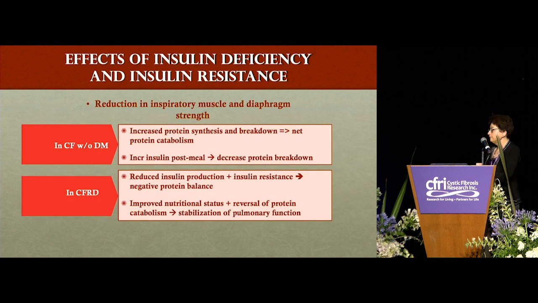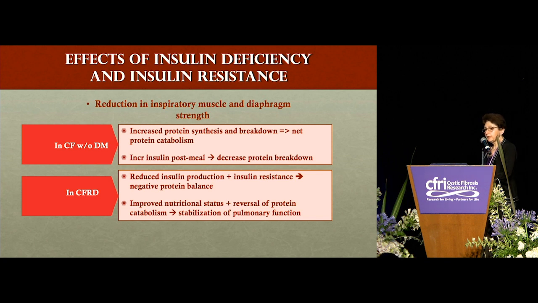What are the effects of insulin deficiency and insulin resistance, and are those different? Muscles utilize energy when we breathe and when we exercise. Where does this energy come from? It comes from protein, and from the glycogen or glucose storage in and around the muscle.